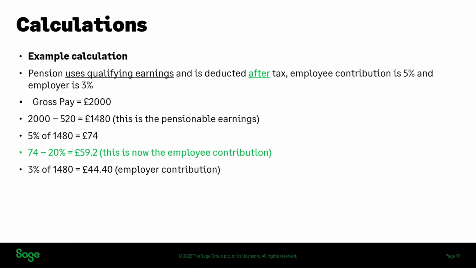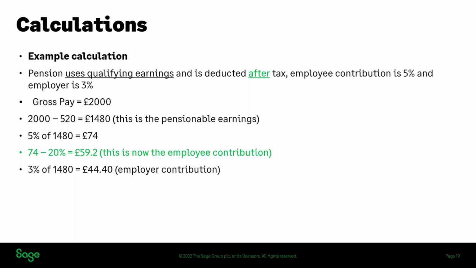However, because that amount is now deducted after tax, we need to reduce this contribution for that tax allowance by a further 20%, which gives us £59.20. That is now the employee contribution.